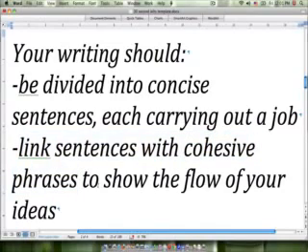I think everybody should know what a cohesive phrase is. These are the phrases like, for example, as this shows, because of this, thus. These points make it clear that, on the other hand, in contrast to this, in summary, to prove this, these kinds of phrases.